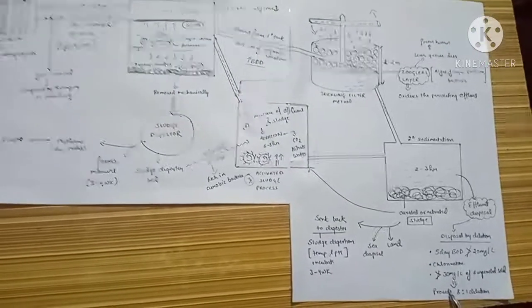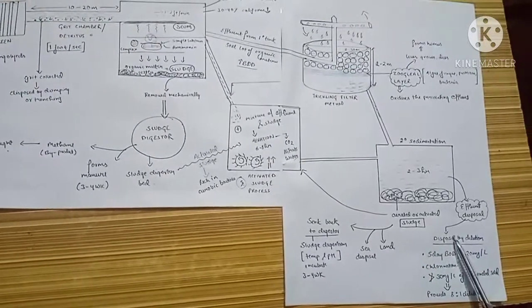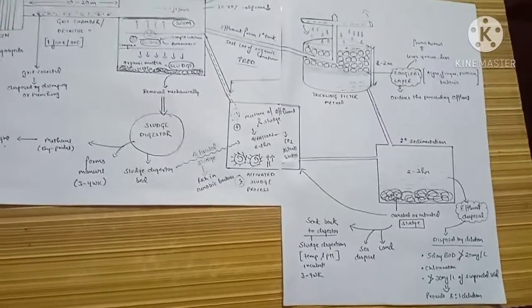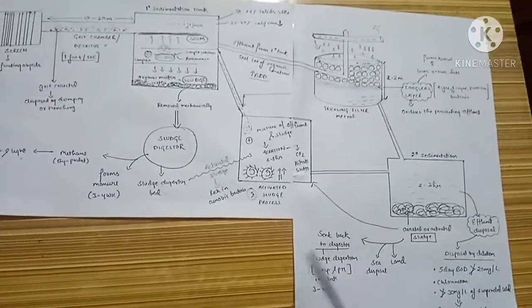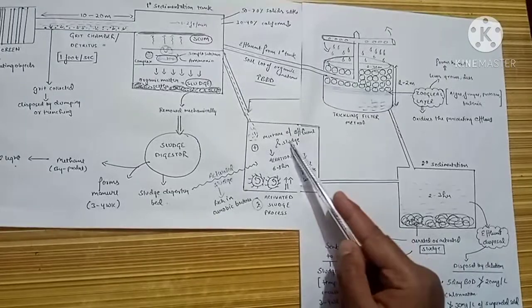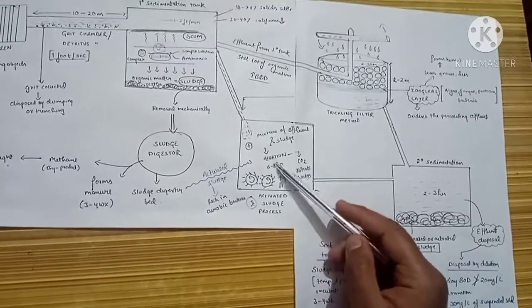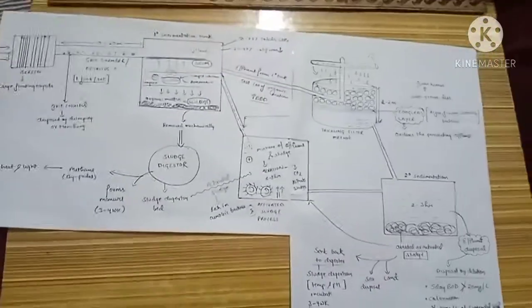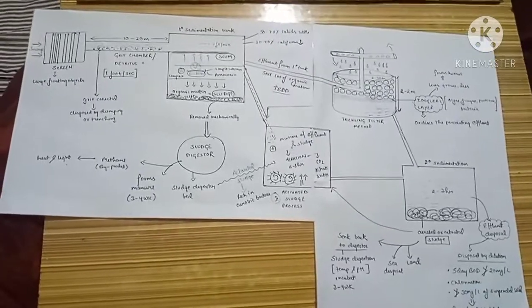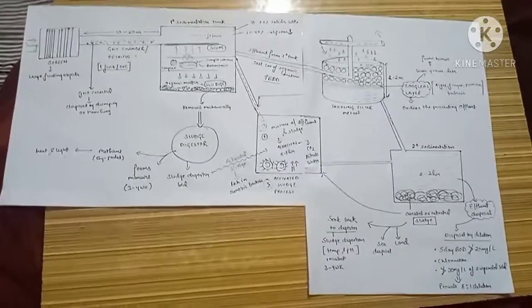This will provide a dilution of 8 to 1, and this is known as disposal by dilution. The last thing we need to remember is that the aeration tank, or aeration, is the heart of the activated sludge process. So this is the sewage treatment plant in a nutshell.